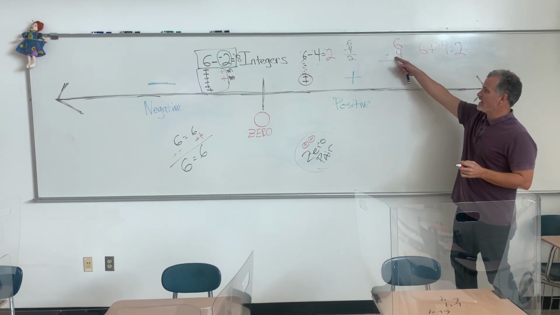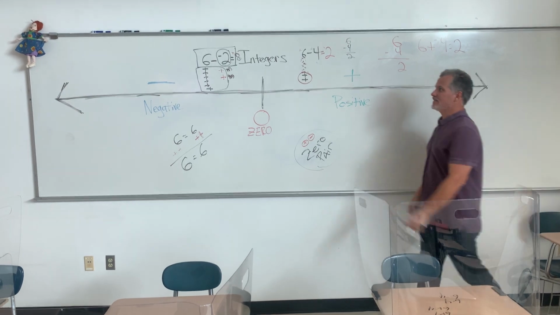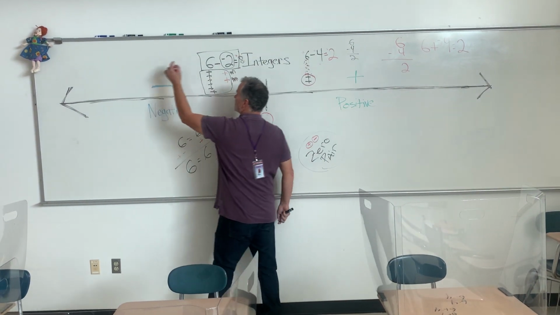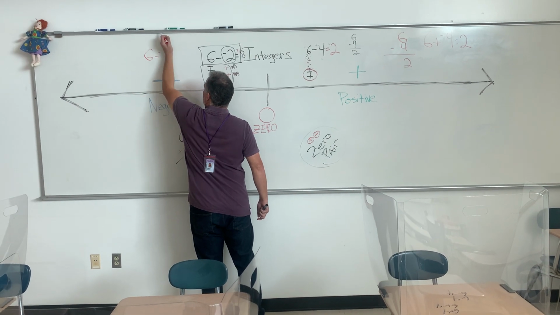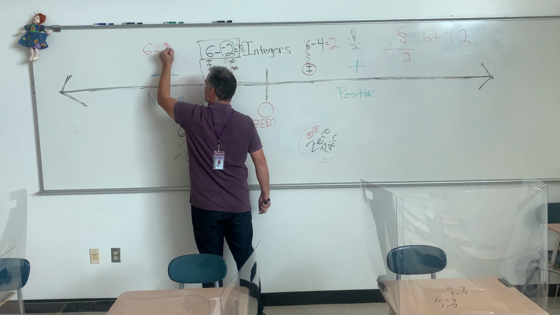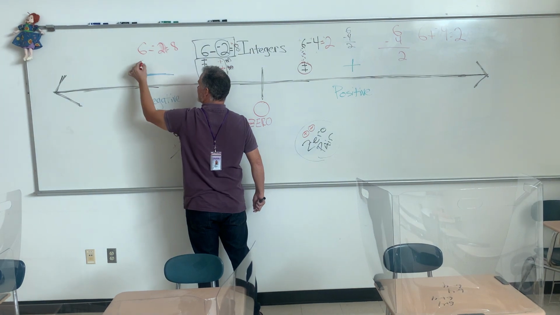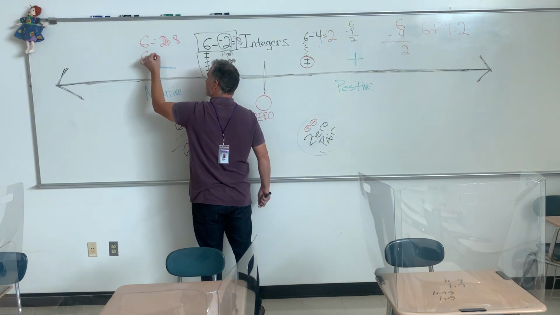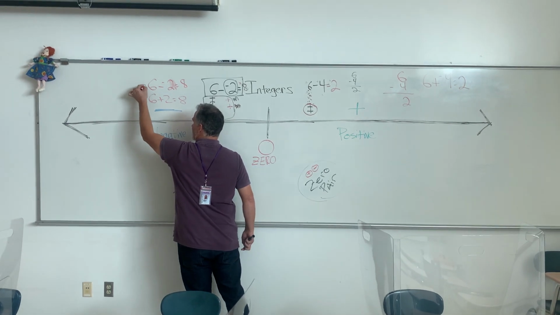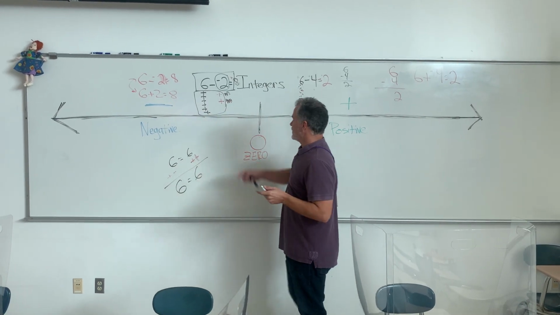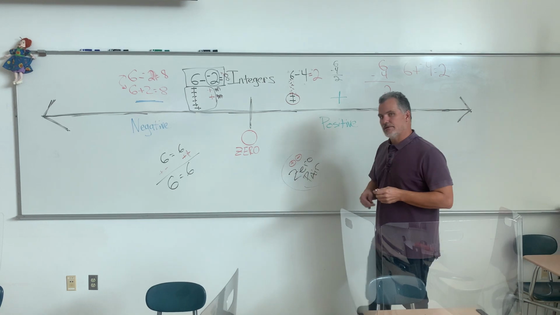Or are these the same? Because if that's the case, then can we make a relationship between 6 minus negative 2 equals positive 8? And is that really the same thing as 6 plus 2 equals 8? So I want you to think of these relationships today when you're working. You're going to deal with counters. You're also going to deal with number line.